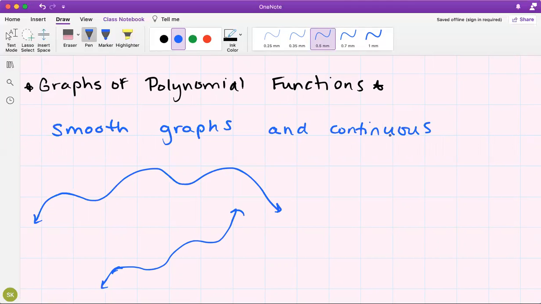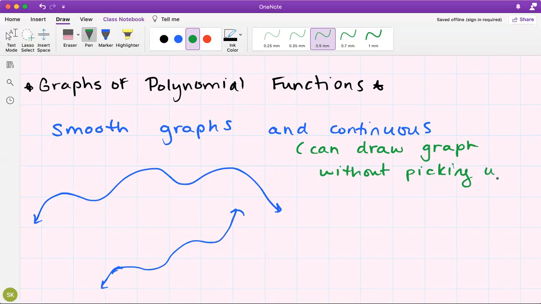And continuous means that you can draw your graph without picking up your pencil. So let's write that. In other words, there's no breaks in the graph.